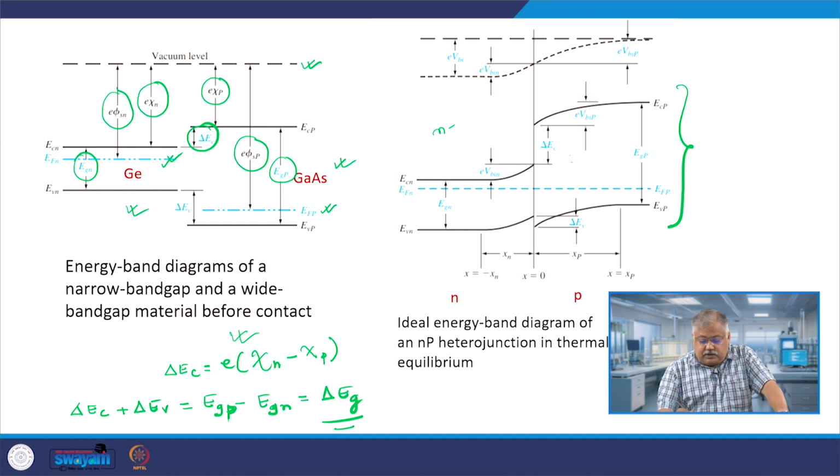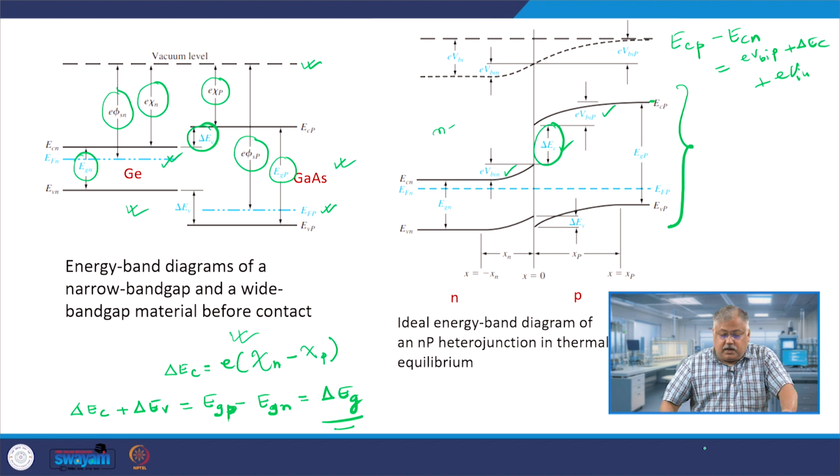And the difference you see, delta EC, the conduction band difference after the merging of the two, the sum of this plus this will give you the difference between ECP and ECN. So, if you want to find the difference between ECP and ECN, it will be nothing but the sum of E Vbi plus delta EC plus E times Vn.